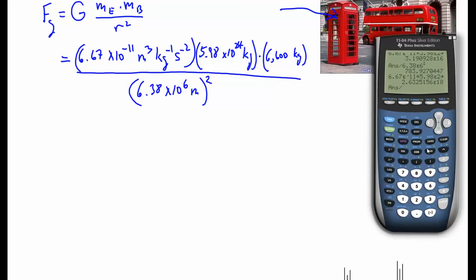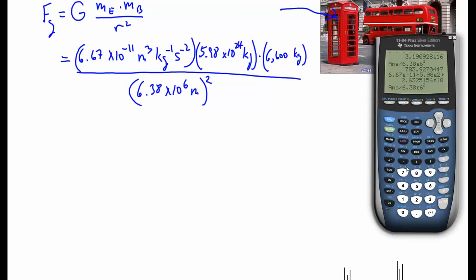And that is... Whoops, I can easily cancel that. 6.38. Get rid of that. 6.38 second EE to the 6th.